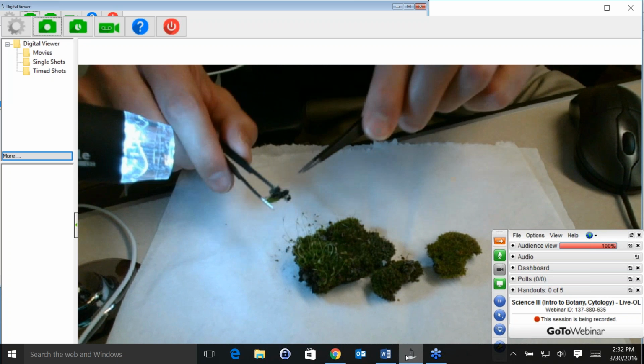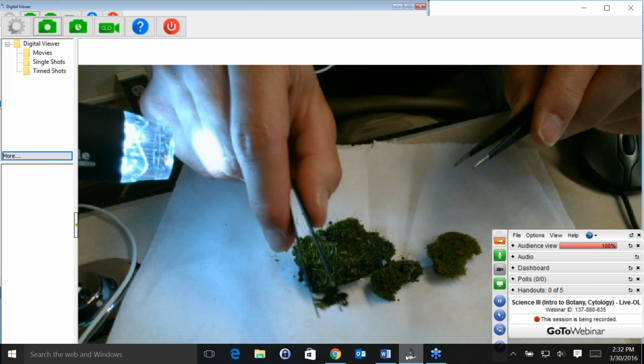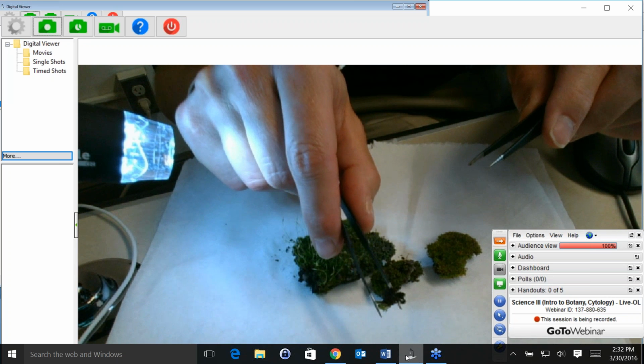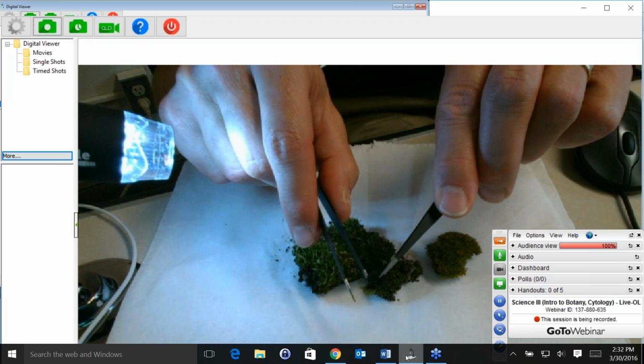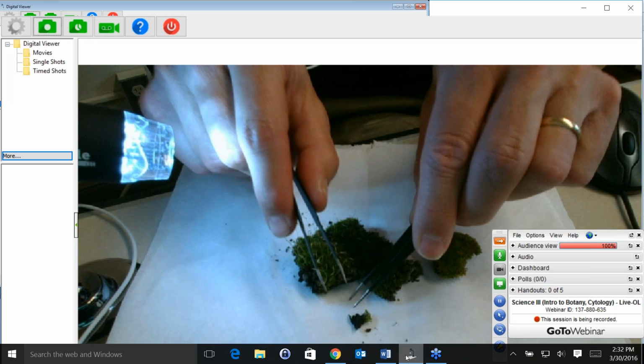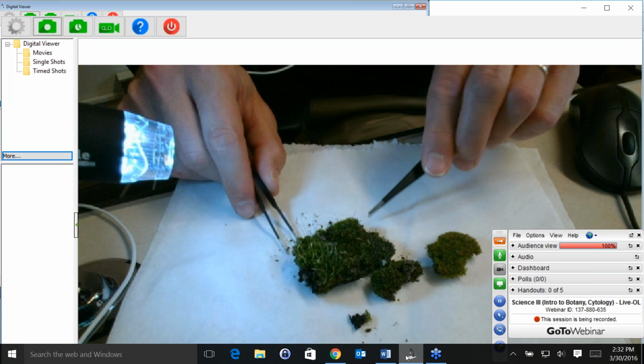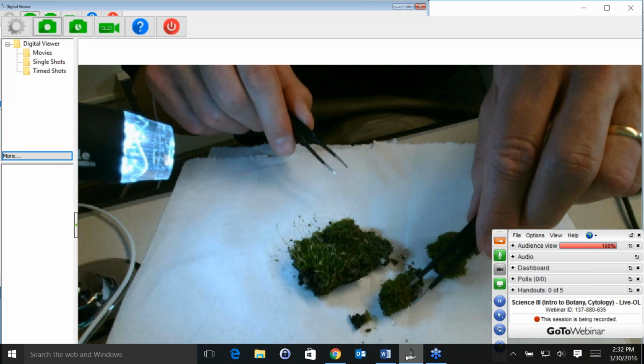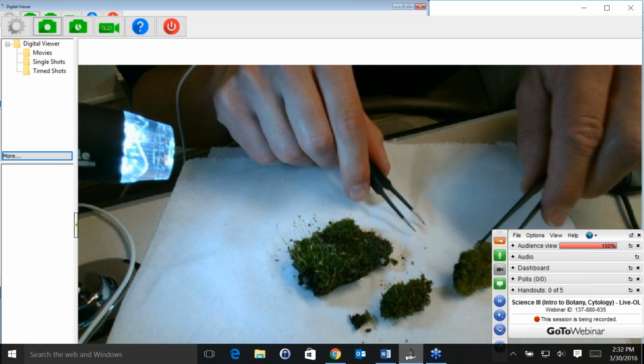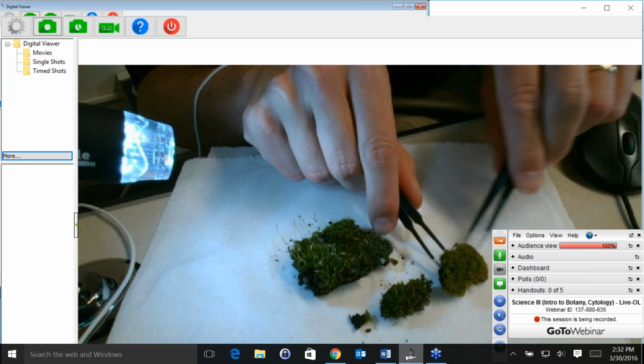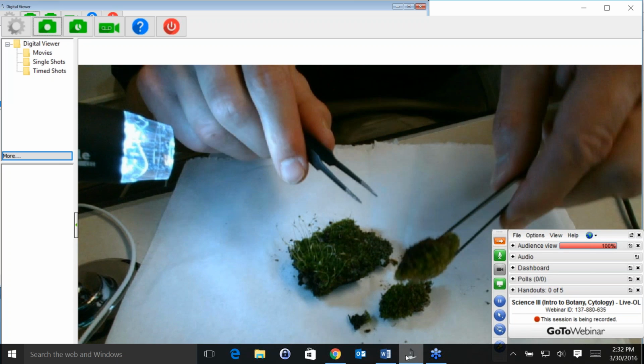Okay, let's see if we can bring that up. So these are all part of that. And then we see here, I have a couple of different types of moss.